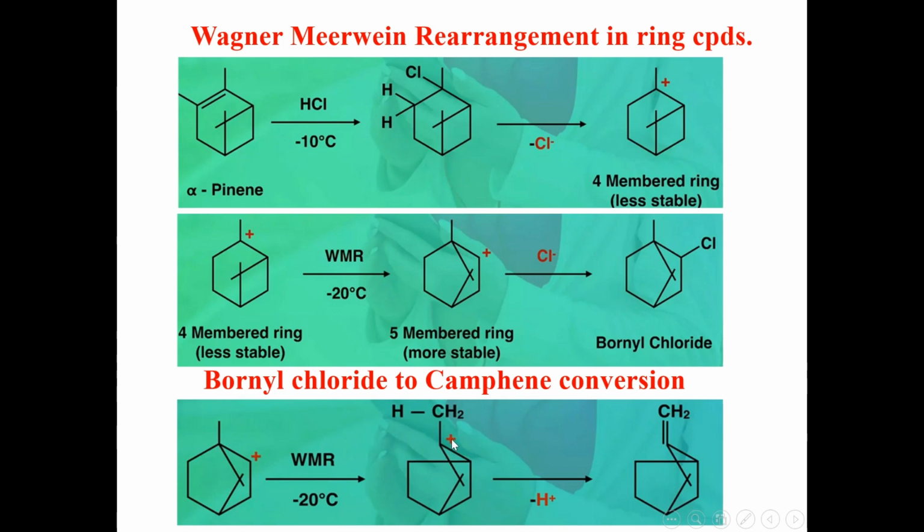To satisfy this positive center, the carbon-hydrogen bond breaks and the electrons are utilized to form the double bond, giving rise to camphene. This is the utility of the Wagner-Meerwein rearrangement.